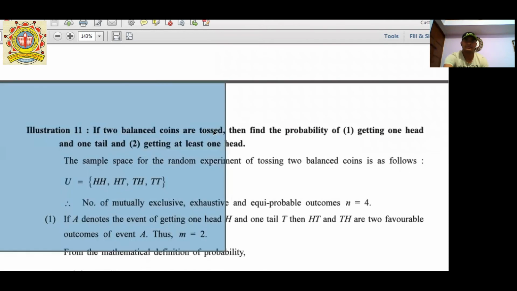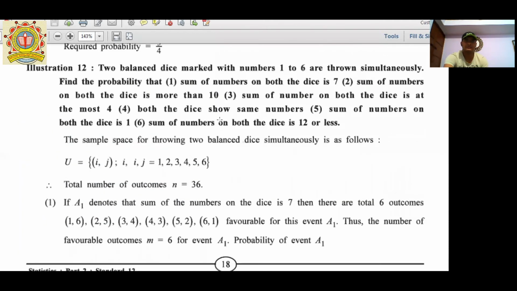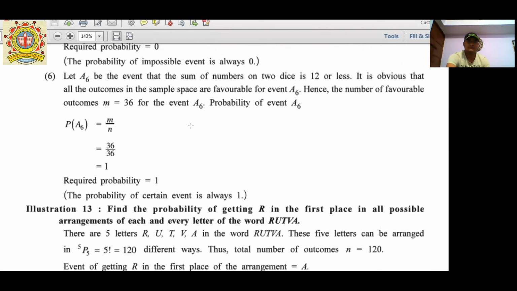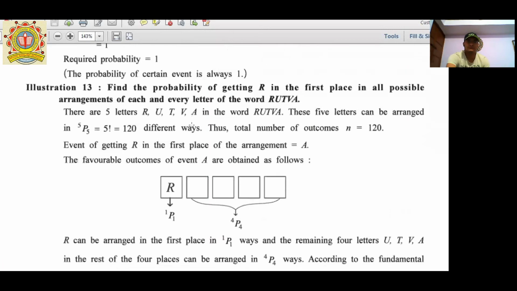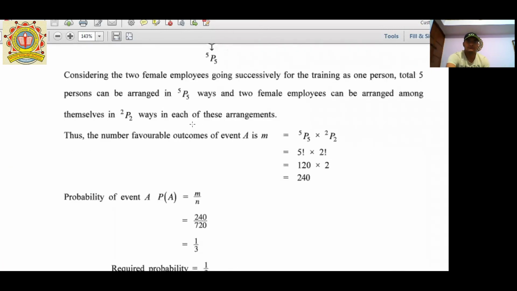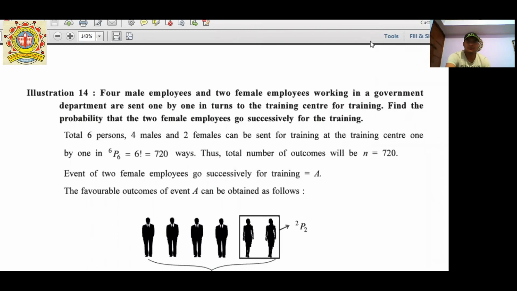Next, 4 male employees and 2 female employees are working in a government department. 4 male and 2 female.